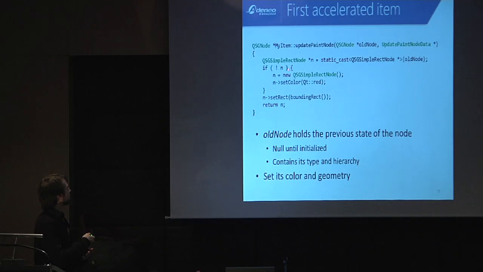Make sure that it exists, and if it doesn't exist, which means that it is the first time you paint your element, create that element, set a color, and resize this element with the size of your Qt Quick component. So on the QML side, you have a component, for example, you set its size to 200 pixels by 200 pixels. By calling boundingRect, that will retrieve this size from the QML and change the size of your element.